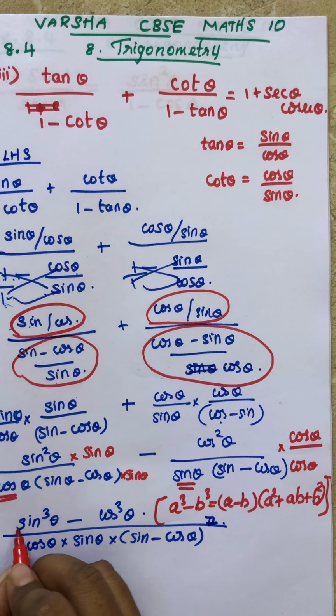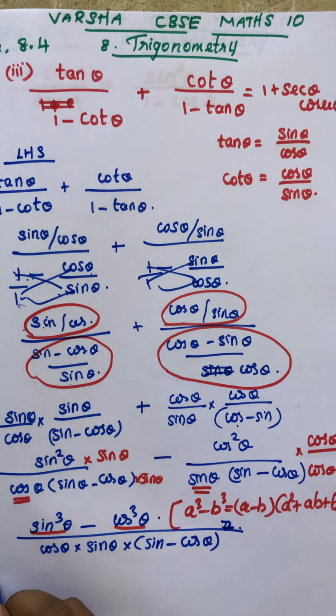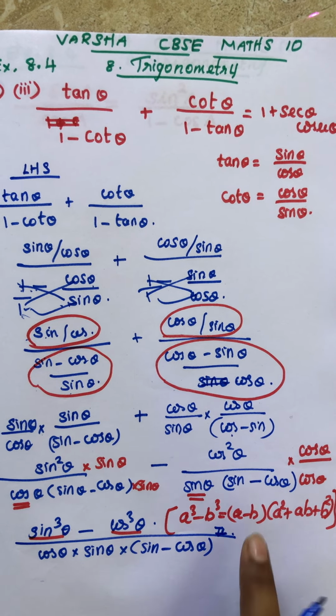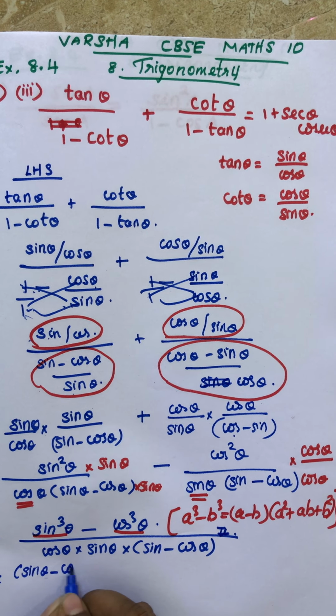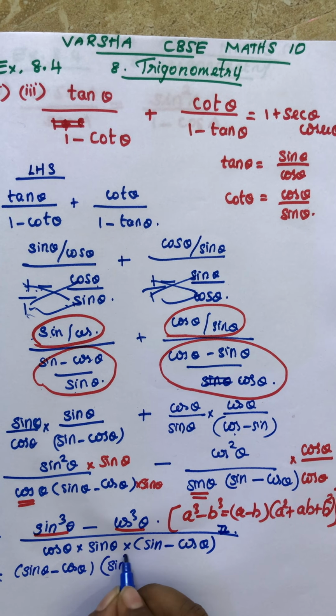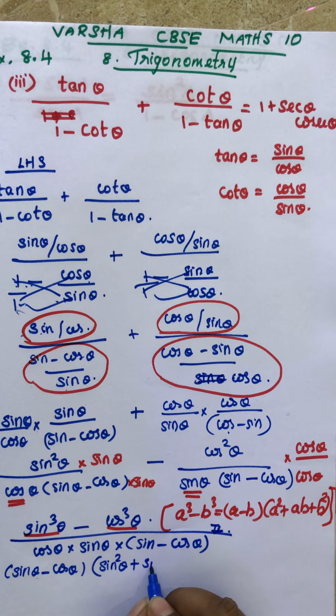So what is our a? Sine. What is our b? Cos. Substitute in this. So what do you get? This is sine minus cos, a minus b. Now a square, so what is our a square? Sine square, plus ab, so plus sine into cos.